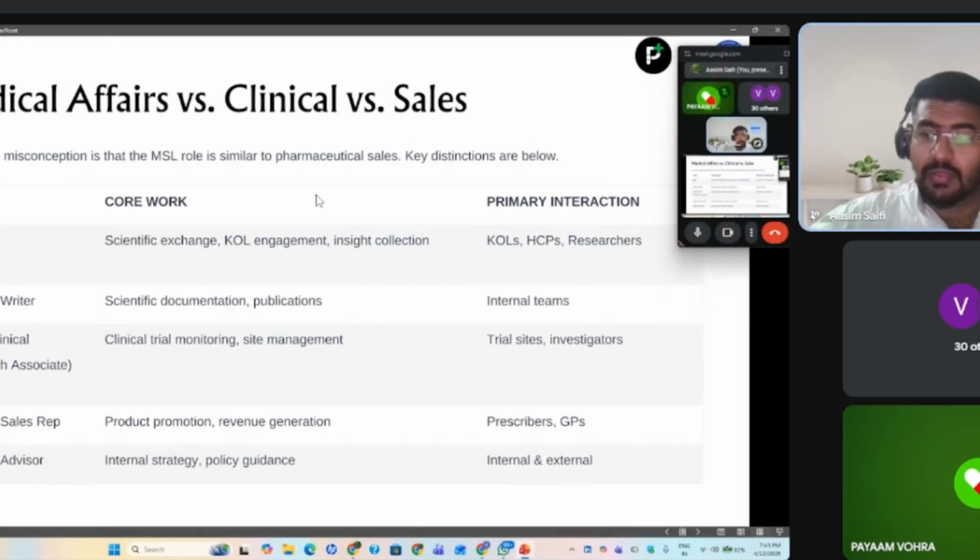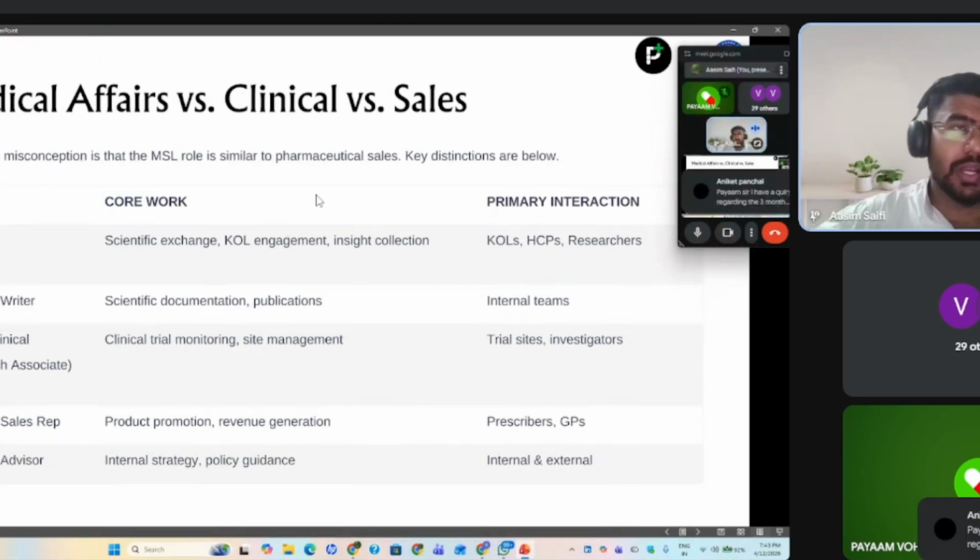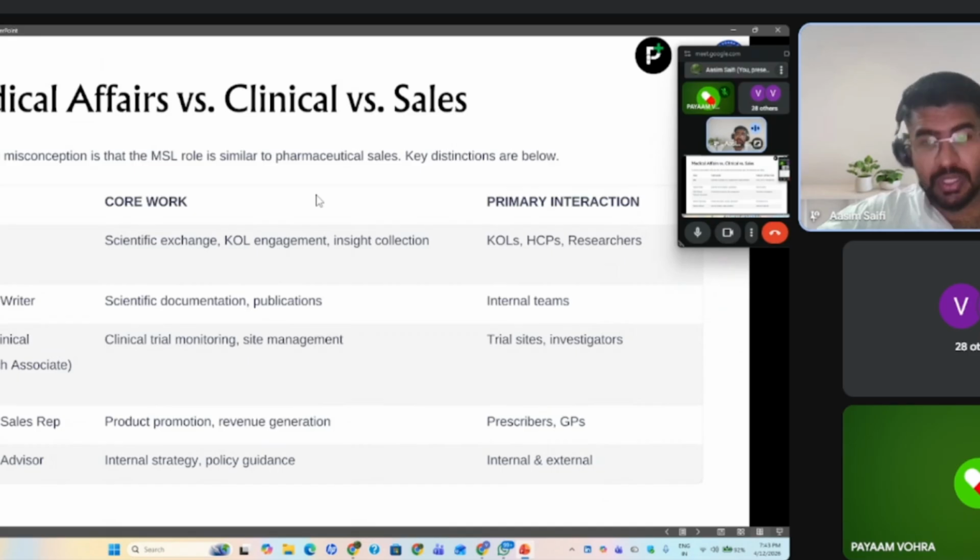Because there is one more community in the market, known as the medical representative, and they also visit doctors to enhance the sales of the product. MSLs also visit doctors and researchers, not to enhance sales, but to share knowledge about the product which is currently launched in the market. So this is the major difference between the sales team and the MSL team.